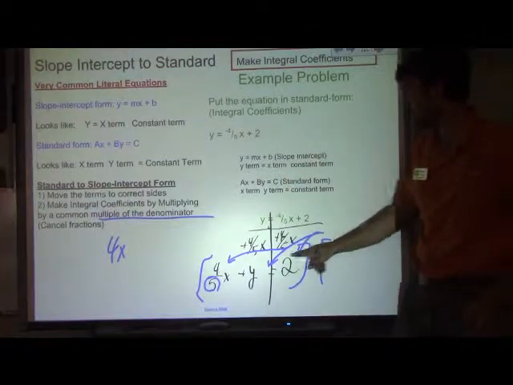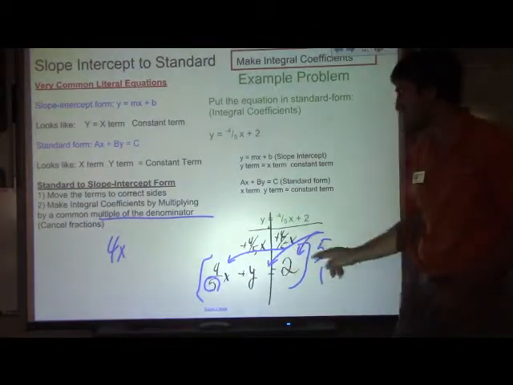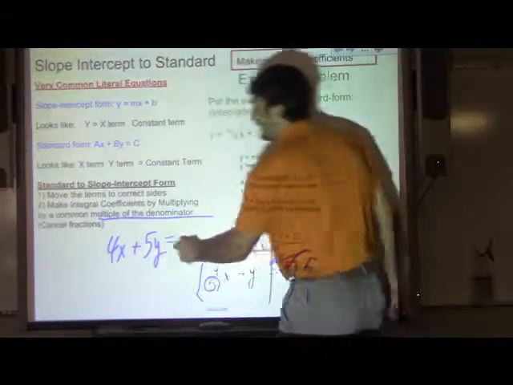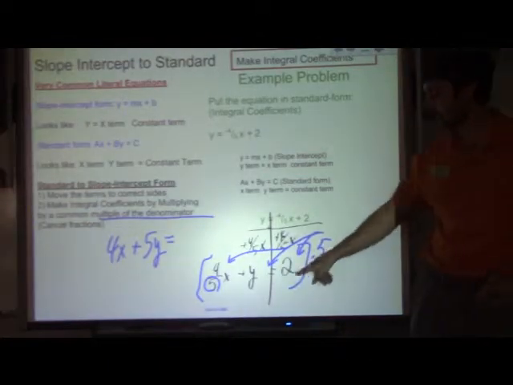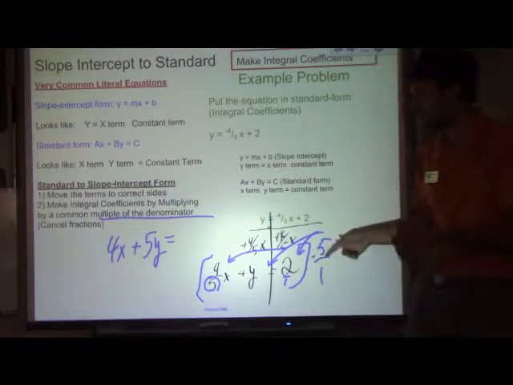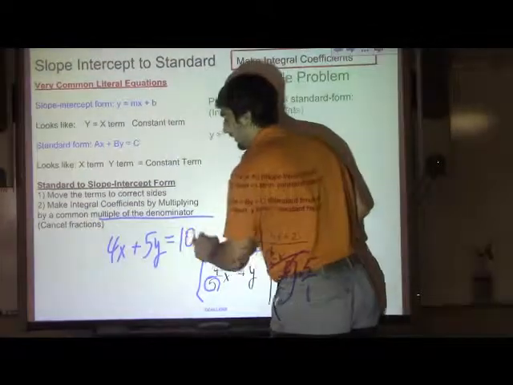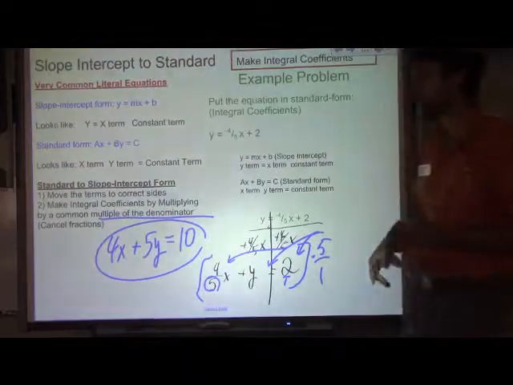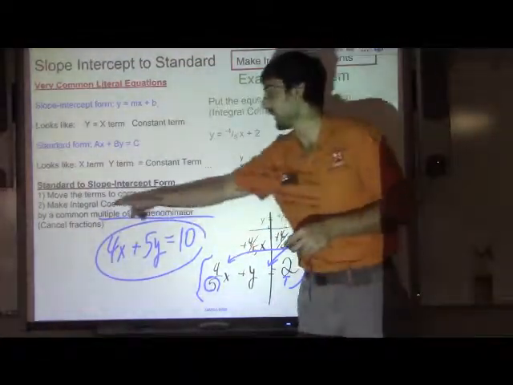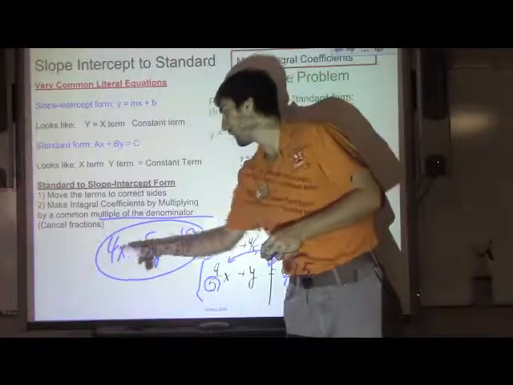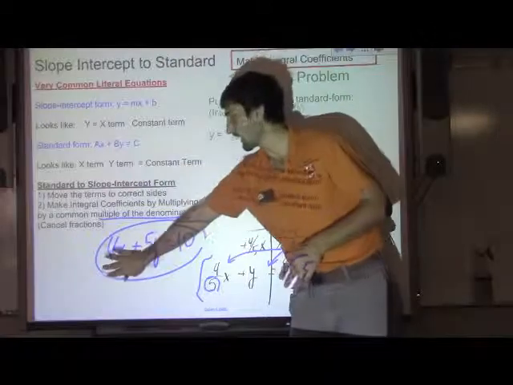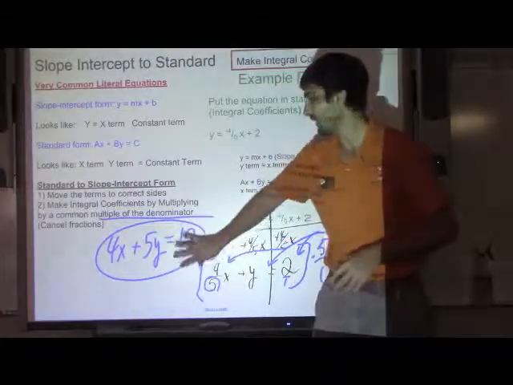Then 5 times y, there's nothing to divide by, so it's simply going to be 5y equals, and then here, there's nothing to divide by because it's 2 over 1. 5 times 2 is simply 10. So that is your final answer. That is the equation in standard form with integral, or integer, non-decimal, coefficients. See, they're all non-decimals now. And it's in standard form because it's the x term, then the y term, then the number term.